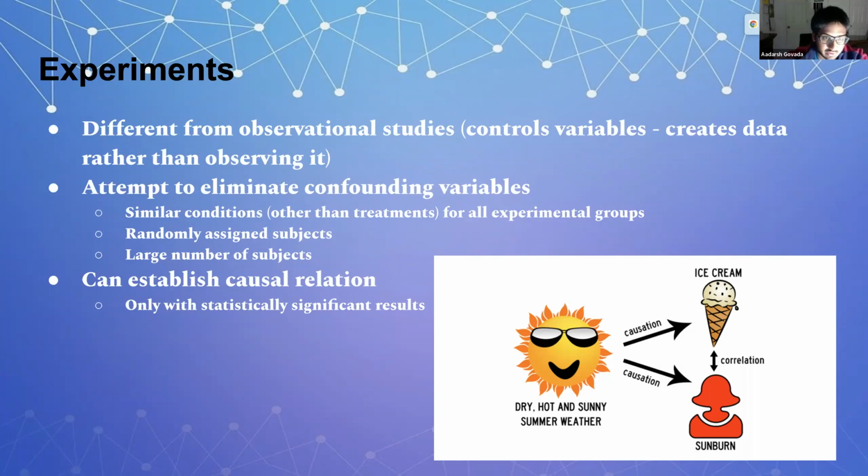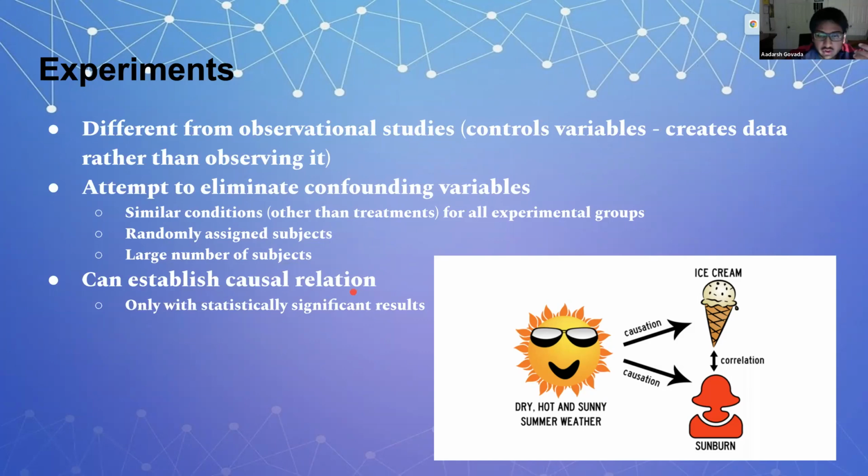So now you know that the scores changed because of the training that you put them through, and you do your best to eliminate all other variables that could change their SAT score, like extracurricular tutoring or something like that. That's why you can establish causal relation.